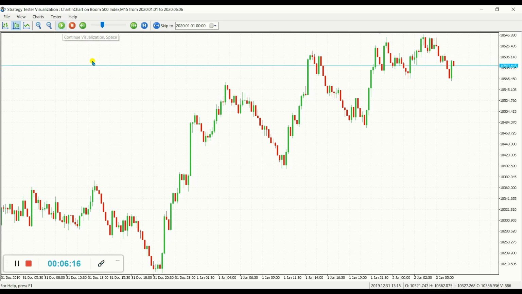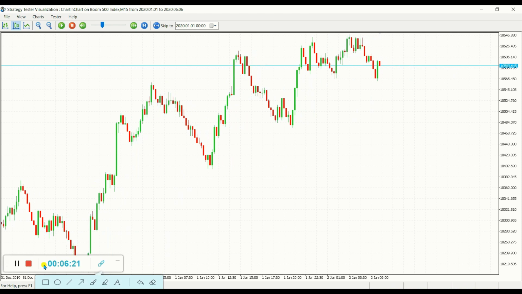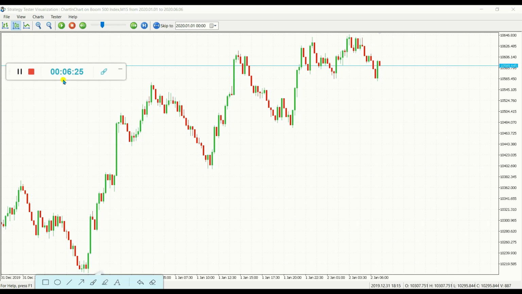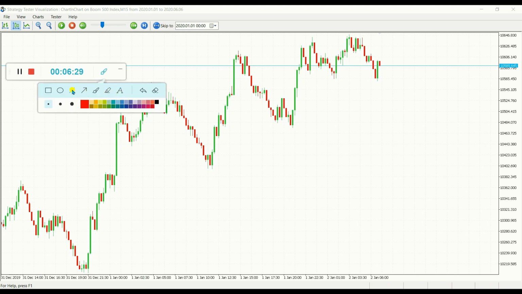Okay, let me pause it here. Let us draw a trend line here. This will be our trend line, right? Our trend line will connect those low points.